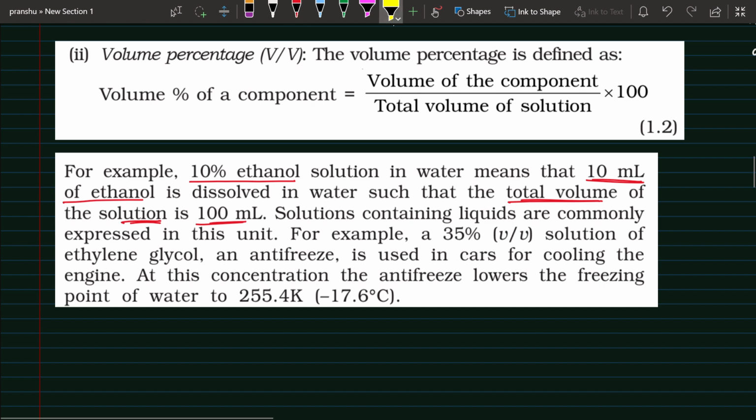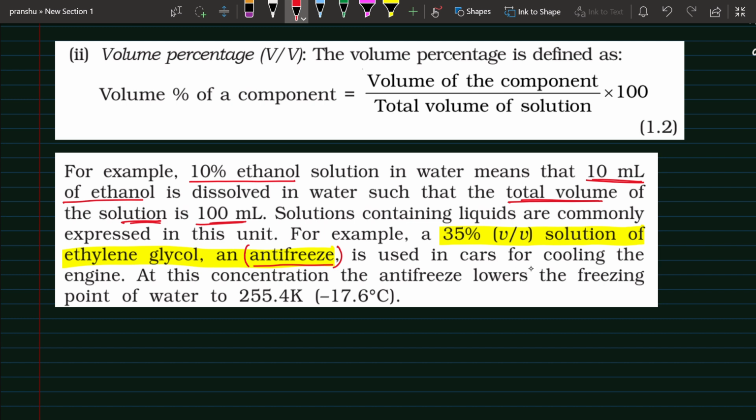So again we have some point to memorize. 35% volume of ethylene glycol is an antifreeze. This question may be expected in CET level exam, but not in NEET and JEE, because the memory based question does not have too much weightage in the competition. But in the board exam or CET exam, we can say that.